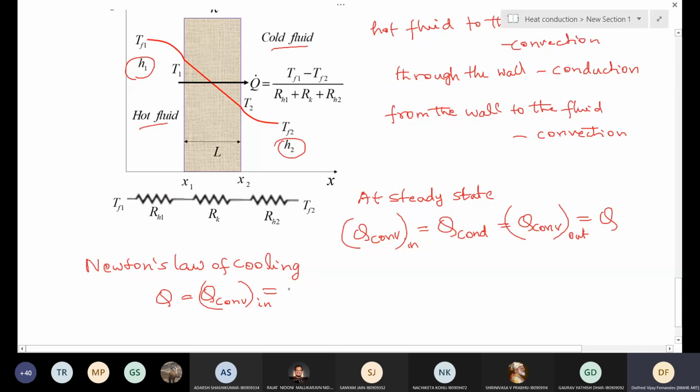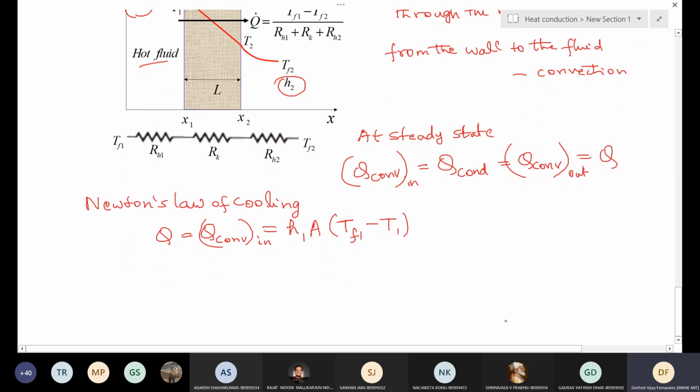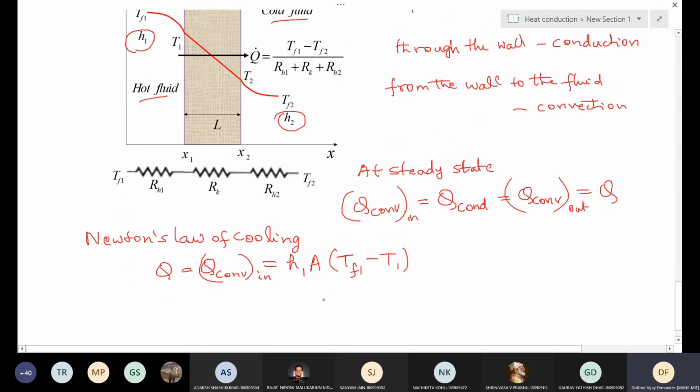So we estimate convection as H1, the heat transfer coefficient on the left hand side, into the area of heat transfer, into the temperature difference, that is the temperature of the fluid Tf1 minus the temperature of the wall T1. Similarly, you can write convection out, and the conduction through the wall, Q conduction.